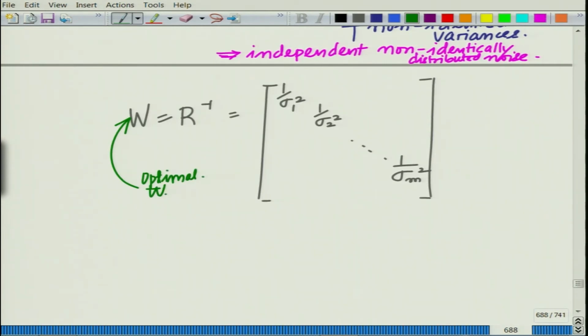So W equals R inverse. It can be shown that this is the optimal weighting, and we will justify this. This is the optimal weighting, which is equal to the inverse of the noise covariance matrix. That is the interesting point.